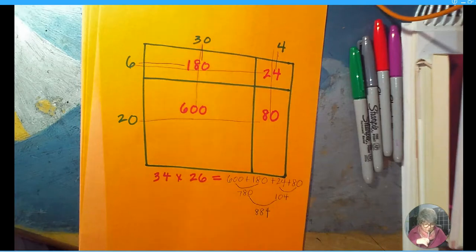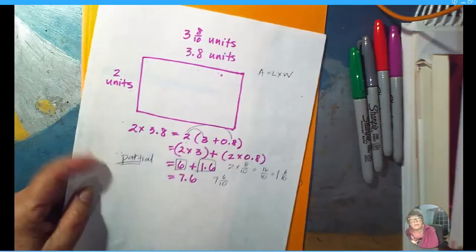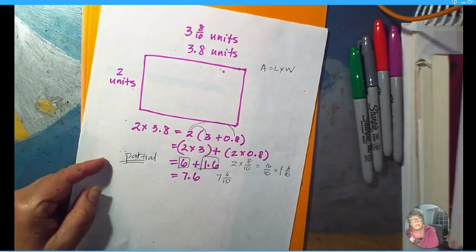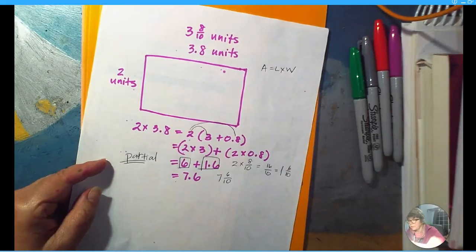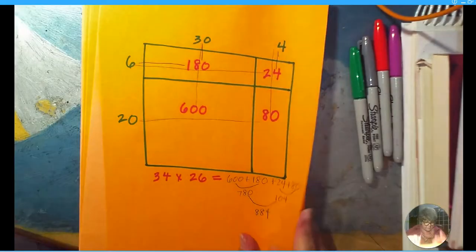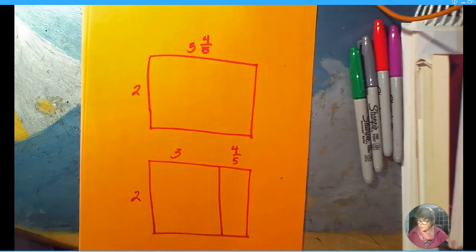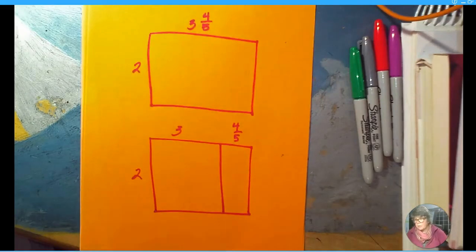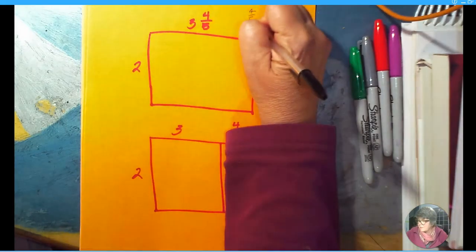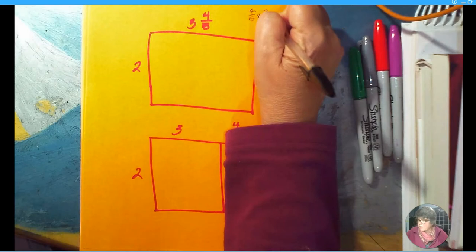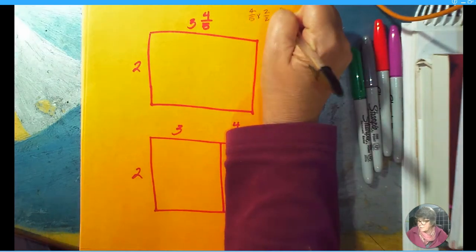Okay, so can we do this problem with the area model? And what would be the benefits of it? Let's explore that today. All right, so here we have 2 times 3 4/5. 4/5 is the same as 8/10, right? 4/5 times 2 over 2 is 8/10, right?